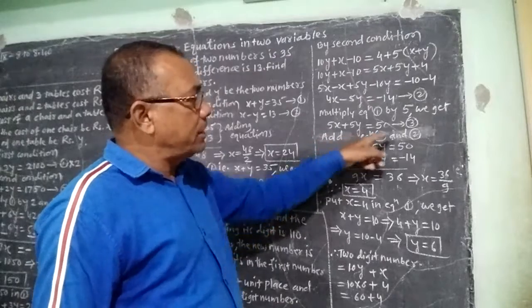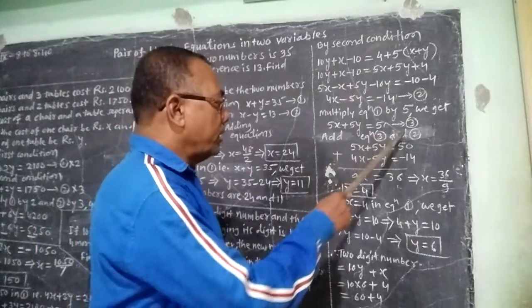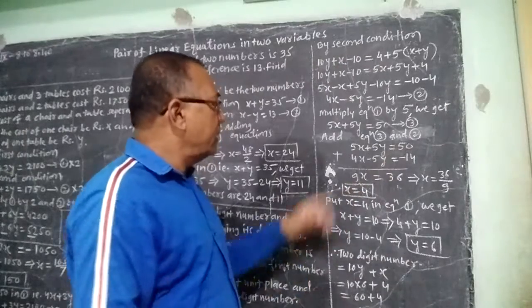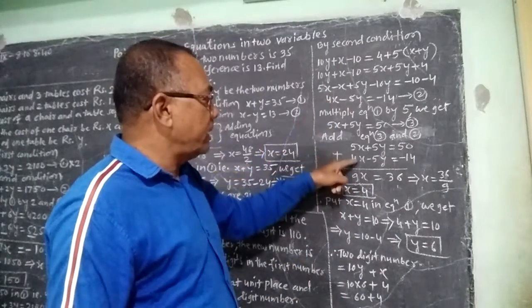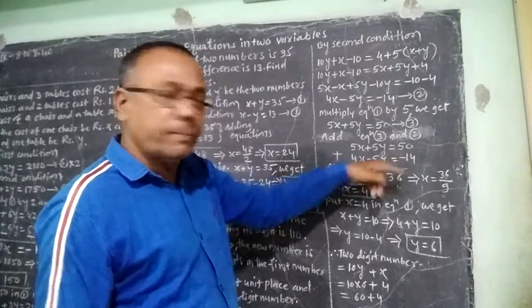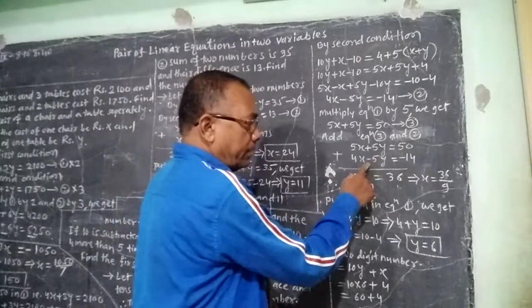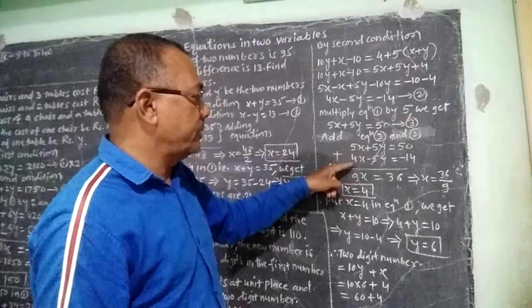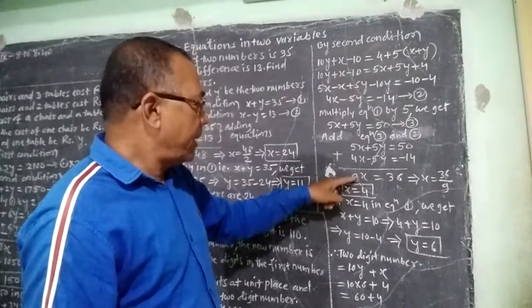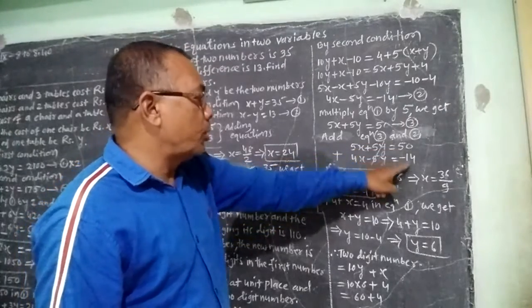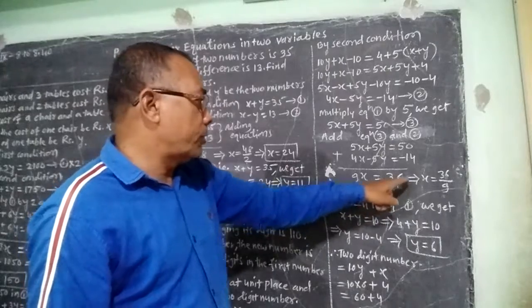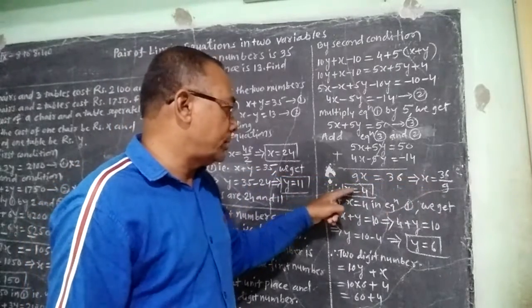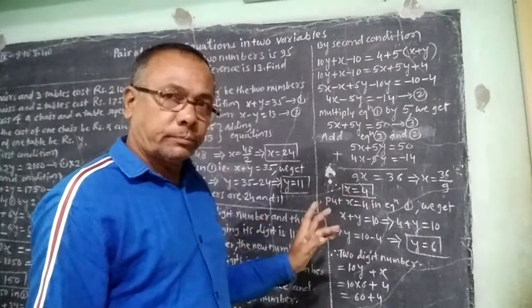Now adding equations 3 and 2, equation 3 is 5x plus 5y is equal to 50, and equation 2 is 4x minus 5y is equal to minus 14. Here plus 5y and minus 5y will get cancelled, and we will get 5x plus 4x, that is 9x, is equal to 50 minus 14, which is 36, and therefore x is equal to 36 upon 9, and therefore x is equal to 4.